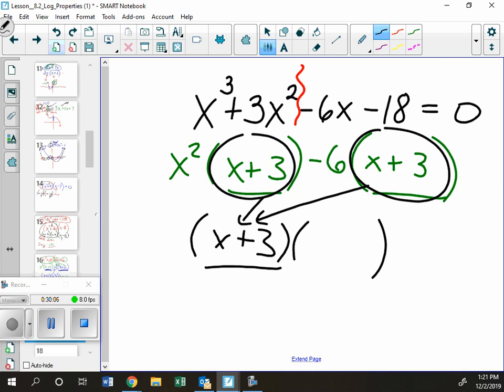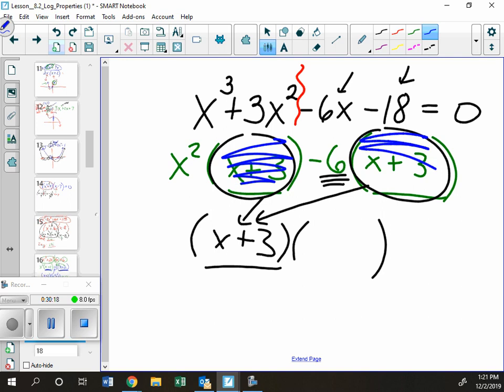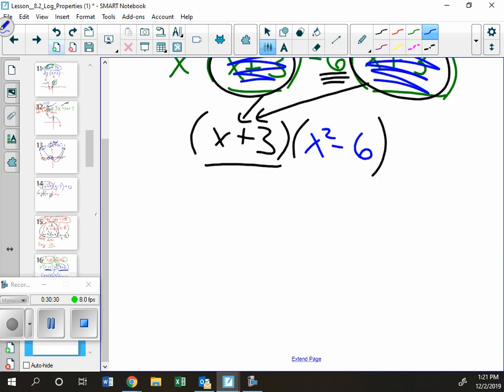Kind of like when we took a 6 out of this and this, we only put one of them in front. So those two go together in this spot, and then we just have to put what's left. After I take out these guys, see what's left? And then, that's factored all the way, and that's all I asked you to do.